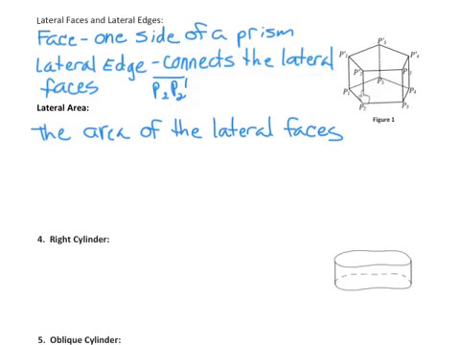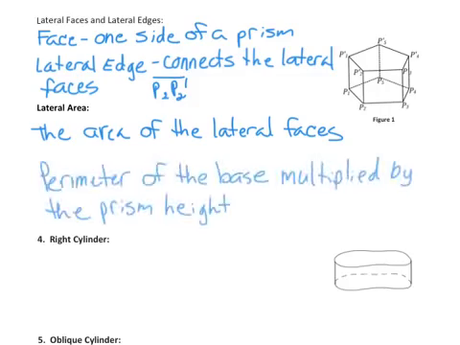Or if you were to split this and lay it out flat, it's really going to be the perimeter of a base multiplied by the height. Because anytime you split this and lay it out, you're going to get a big rectangle. So that's another way of calculating the area of the lateral faces. So again, it can be calculated by finding the perimeter of the base and then multiplying that by the prism height.